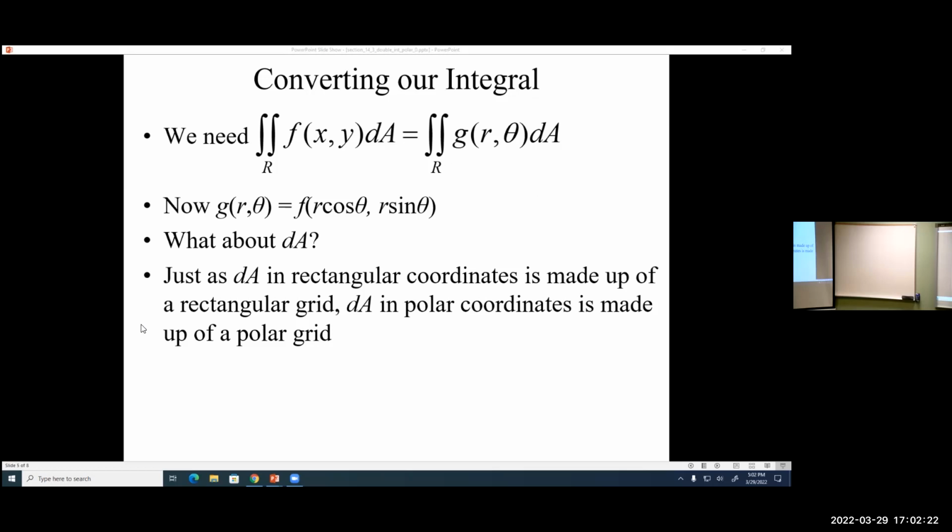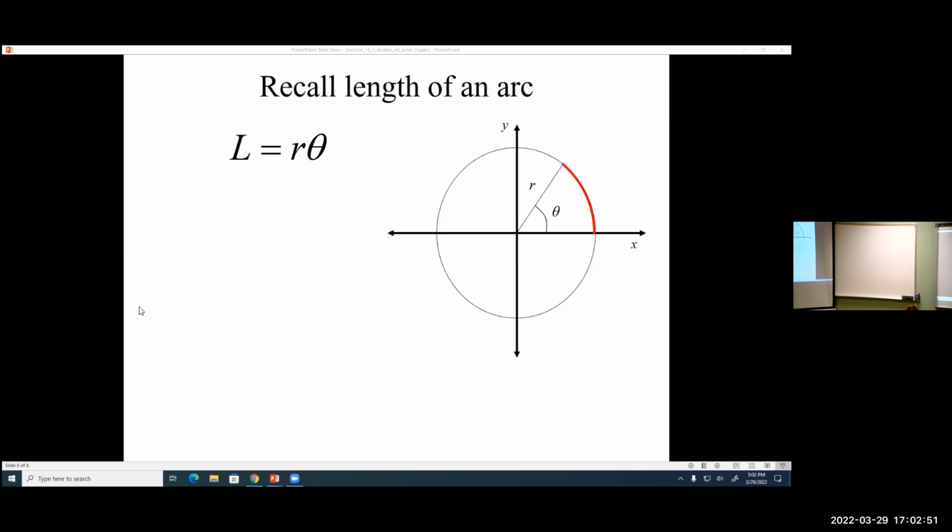The dA, which is like the dx dy or dy dx, when we convert to polar, because the region is set up like a cut-off slice of a pie, we're actually using the arc length of that piece. Arc length is the radius times the angle it subtends, so that puts an extra r in our dA when we go to integrate. It's just because we're doing the arc length.